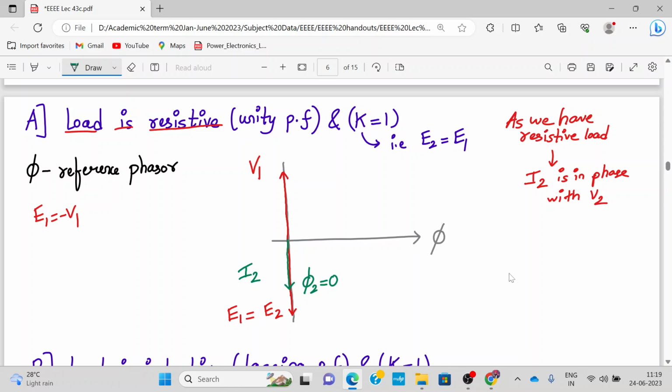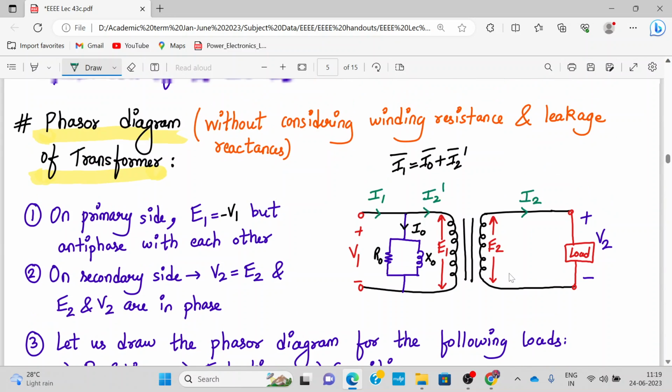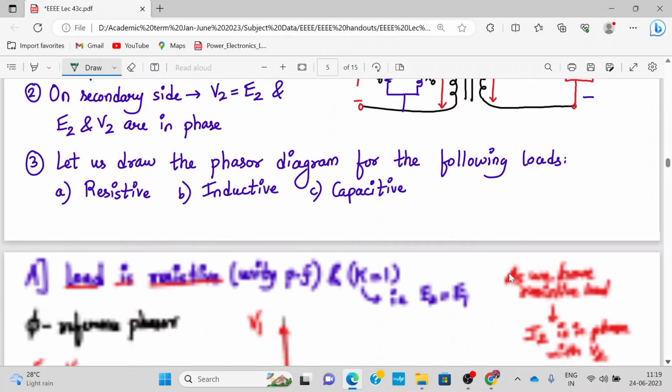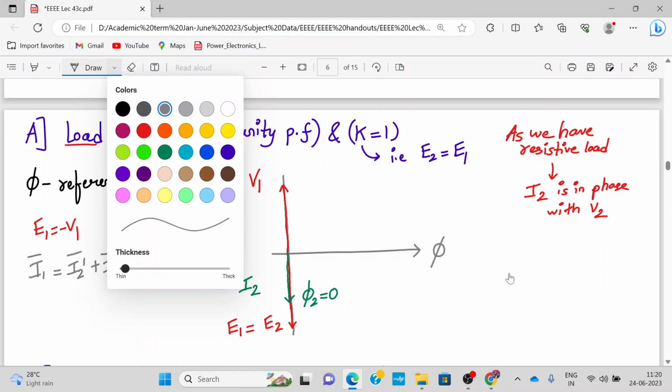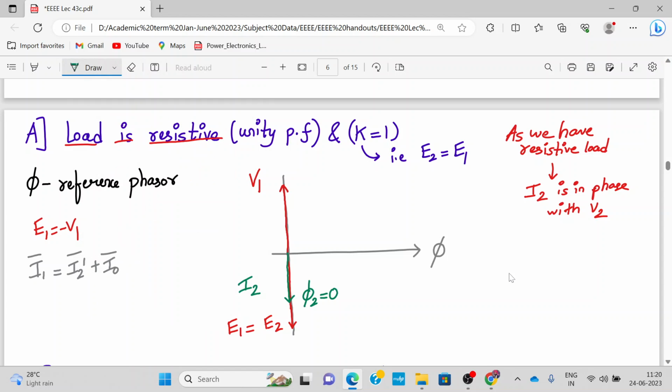Now next we have to take into consideration this vector sum, I1 is I0 plus I2 dash. Let me write this vector equation: I1 bar is I2 dash plus I0 bar. Now I2 dash is opposite of I2, right? So if this is I2, I2 dash will be above, because they are in antiphase with each other.